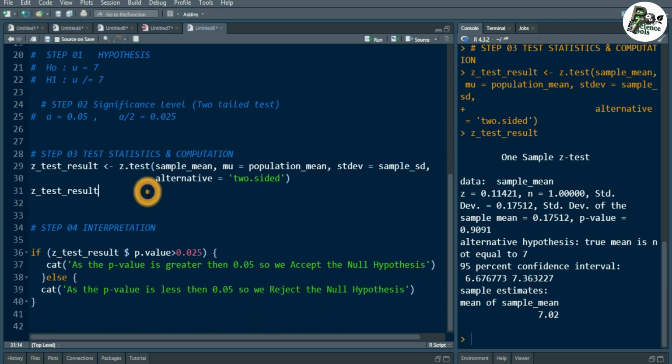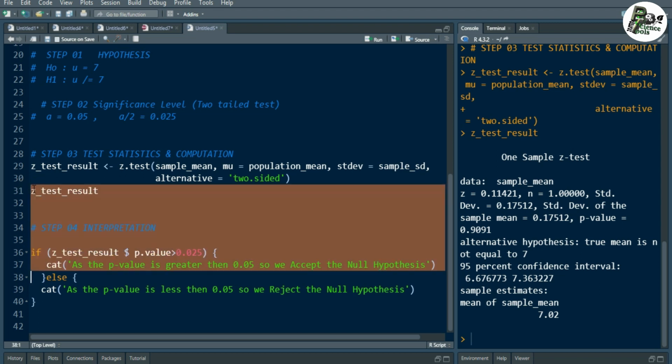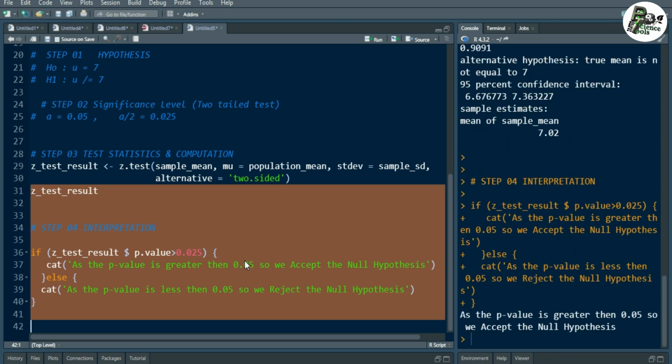You can also write the code like this, especially for step 4, the interpretation: if the z-test result's p.value is greater than 0.05, cat that as the p-value is greater than 0.05, so we accept the null hypothesis, or if the p-value is less than 0.05, then we reject the null hypothesis. After running this code, you can see the output. Now you can see that as the p-value is greater than 0.05, we accept the null hypothesis.